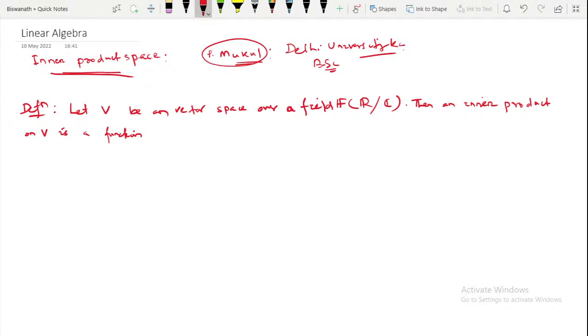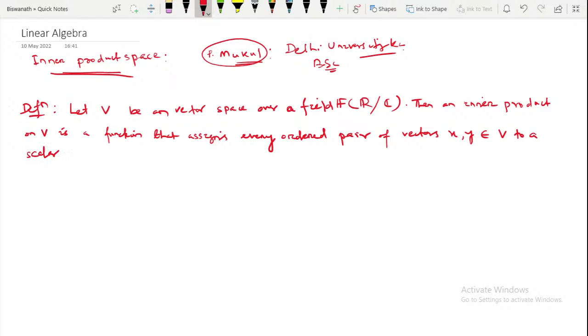Then an inner product on V is a function that assigns every ordered pair of vectors x comma y belonging to V to a scalar C in F.